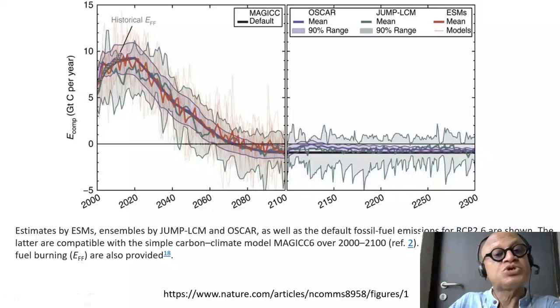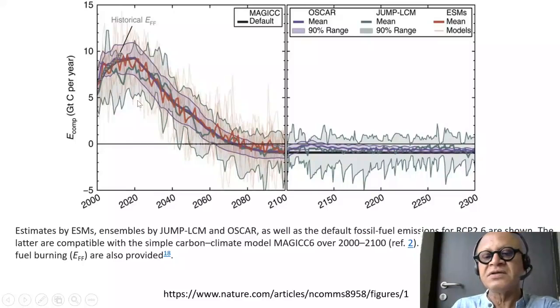When you make future simulations, you have to assume, as I said before, things about population increase, technology, renewable sources, energy demand, food production methods, technology to take out carbon, and so on and so forth. So here is the historical emission from 2000 to, let's say, 2018 or so when this was done, and then future drawdowns. You can see that fairly rapid drops are required, and then it stays into the future out to 2300.